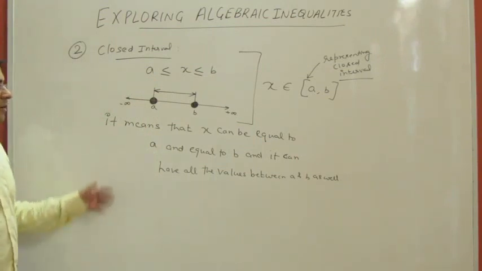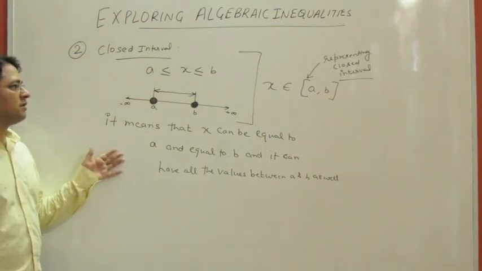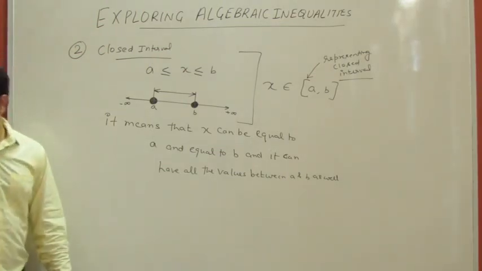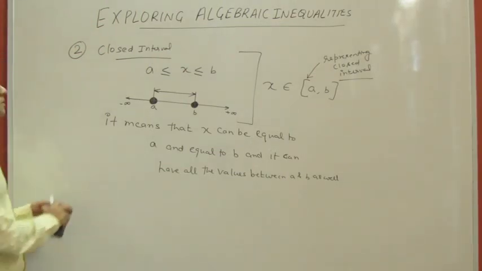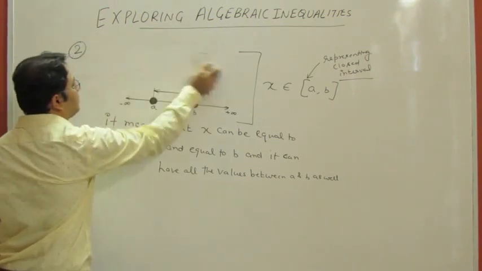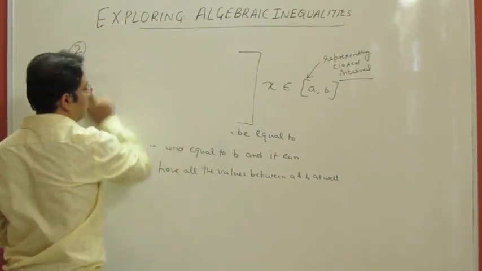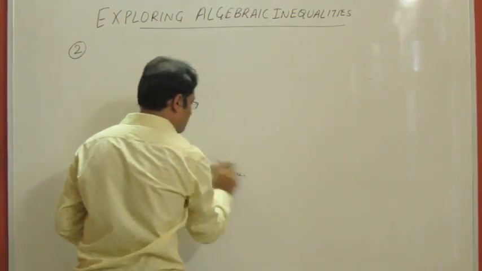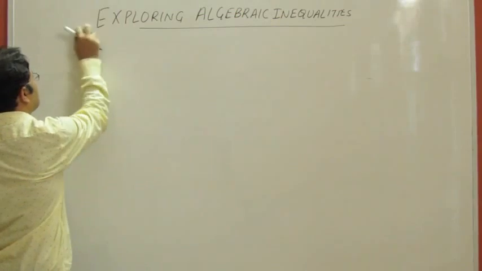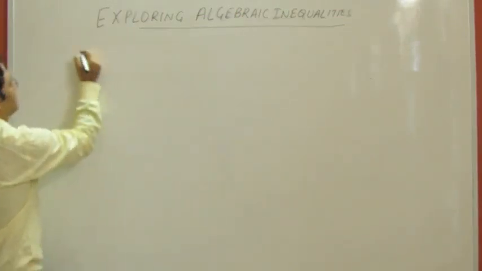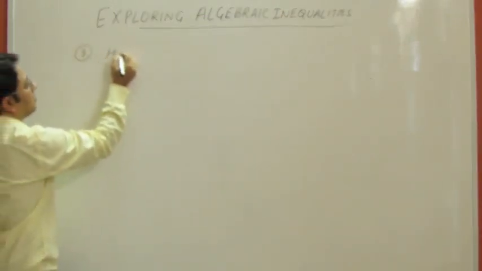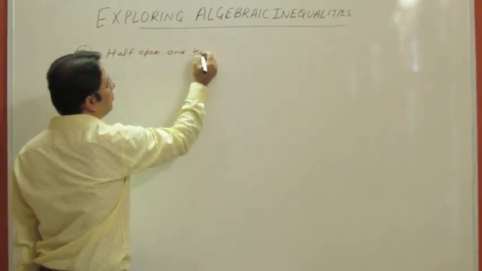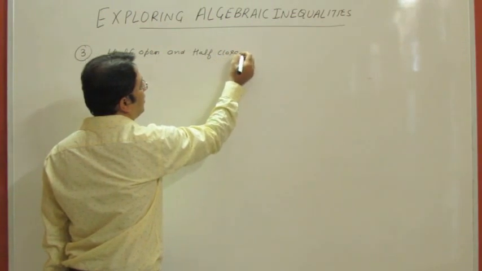Okay, so you might be now getting it. Now there is one more category of intervals. The third category of interval is called half open and half closed intervals.